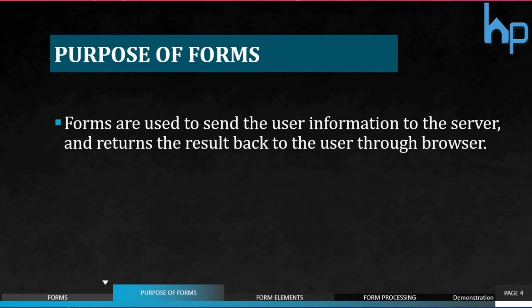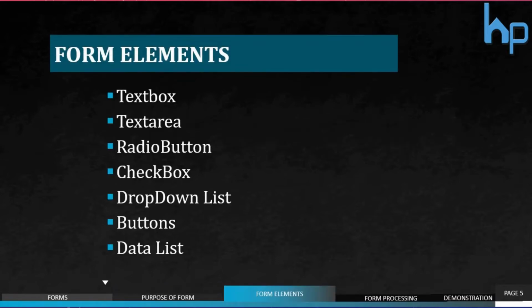So before learning about processing forms, let's learn the basic form elements, right? So the basic elements of your form are text box, text area, radio buttons, checkboxes, drop down list, buttons and data list. So these are the major controls that we will be using inside a form, right?